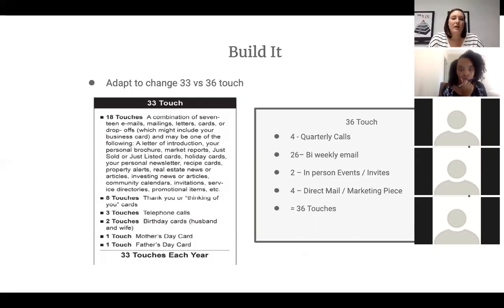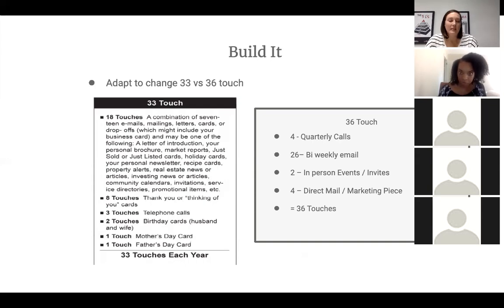It used to be a combination of 18, the 8, the 3 telephone calls, like a birthday card, different things like that. So now we know we need at the very minimum, and this follows after the 8x8. All new people going into your database get on the 8x8. All people existing in your database need to be on the 36. 4 quarterly calls, 26 touches with a biweekly email.